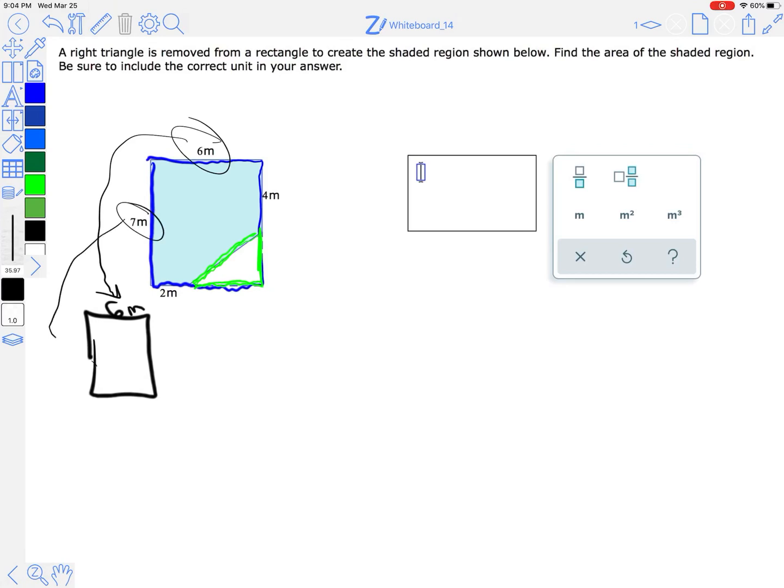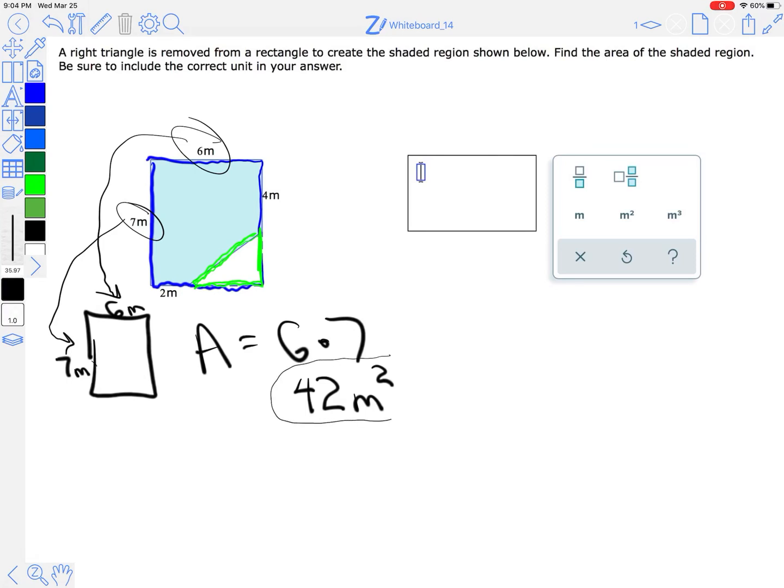And it's 7 meters tall. And again, that's an easy one. Area equals 6 times 7. 6 times 7 is 42 meters squared. So we've got that, the area of the big rectangle.